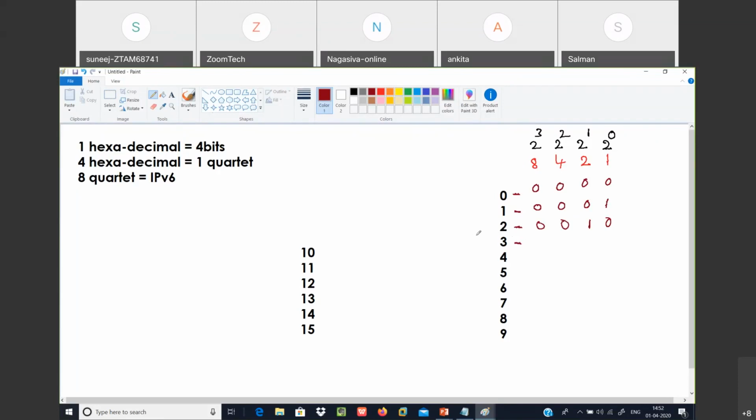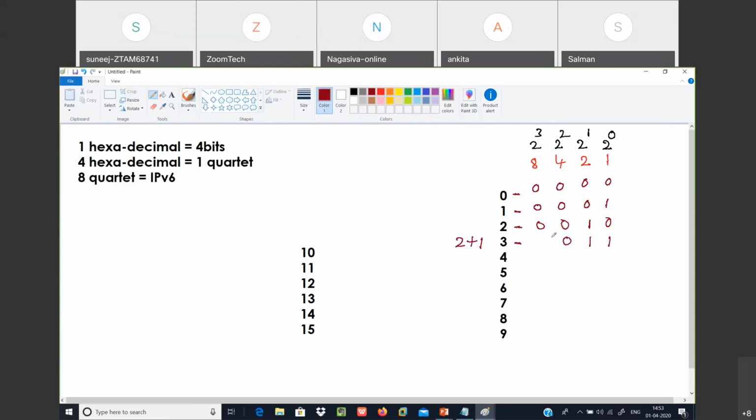Let me explain clearly. Understand clearly now. 3 indicates what? How can we write 3? 2 plus 1 is 3, right? So the 2 place uses 1 and the 1 place uses 1.